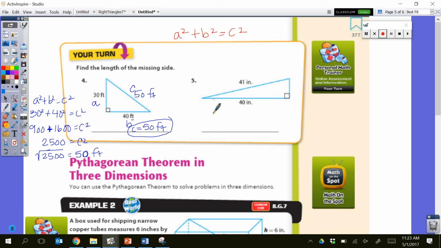Okay, now we've got our second your turn, number 5. And we've got our hypotenuse, so this is C, and I'm going to call this one B, then I'll call this one A because I like calling the short leg A. Okay, we're going to plug that into our formula, A squared plus B squared equals C squared. And I'm going to plug in A, which we don't know, so I'm going to leave that as A squared.